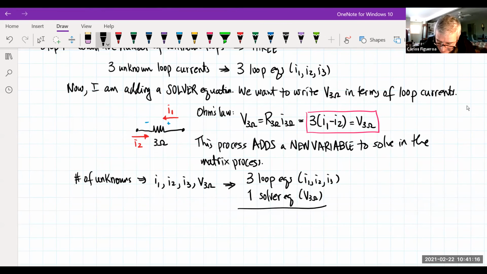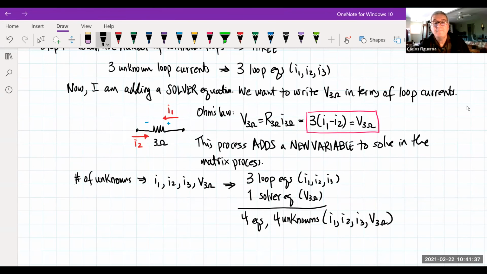So I have 4 unknowns and I need 4 equations. So immediately you're seeing that I must have a 4x4 matrix to solve this system of equations.